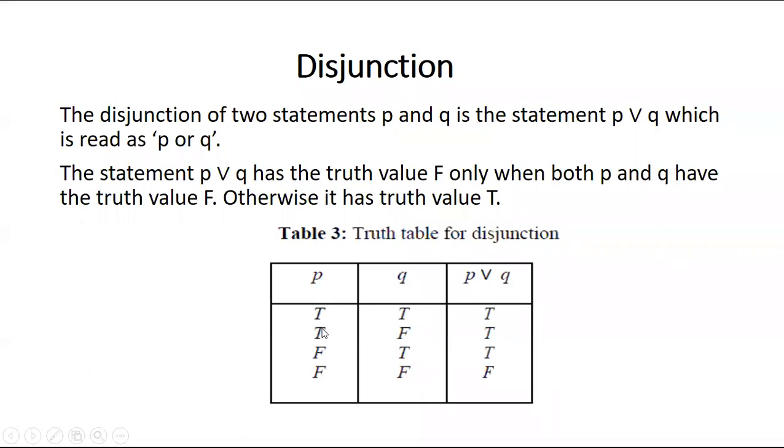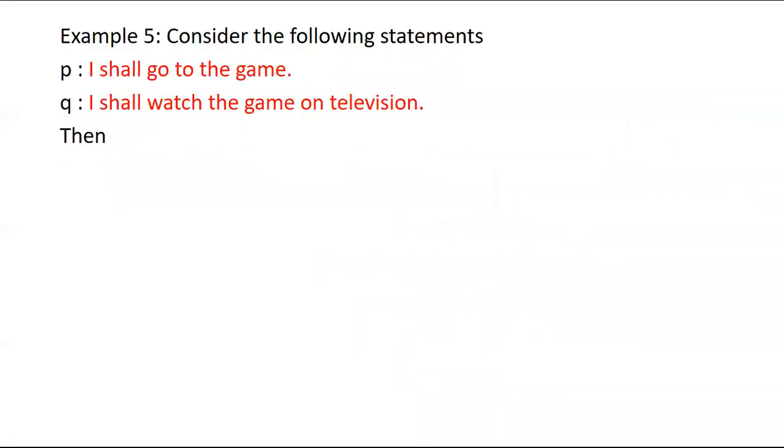True and true is true, true and false is true, false and true is true. Only one condition, false and false, is false. Remaining all other conditions are true. In conjunction, true and true is true, and remaining all other conditions are false. In disjunction, false and false is false, remaining all other conditions are true.